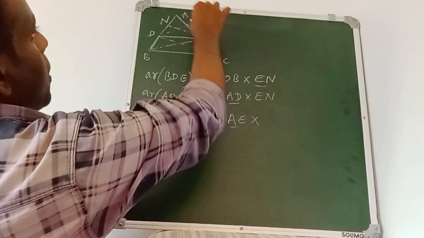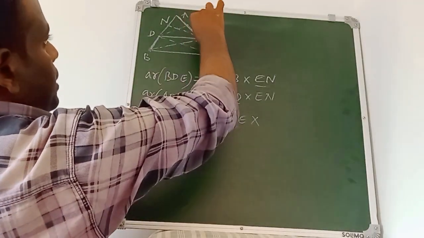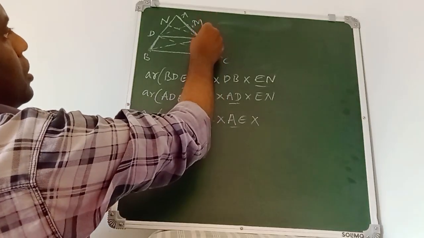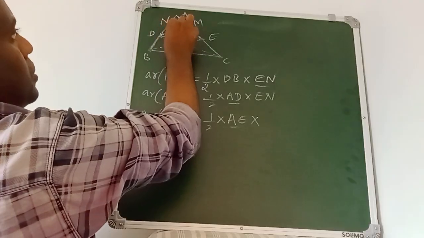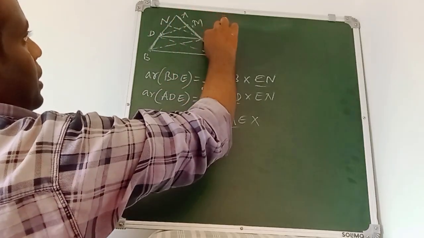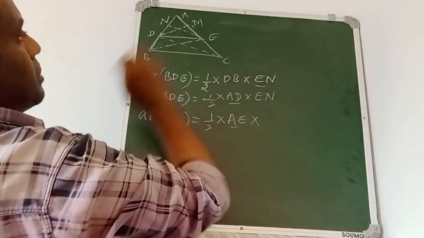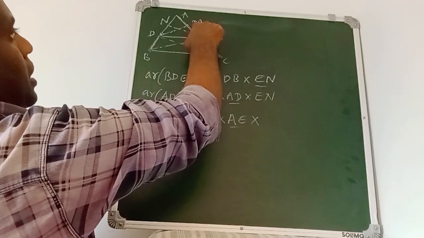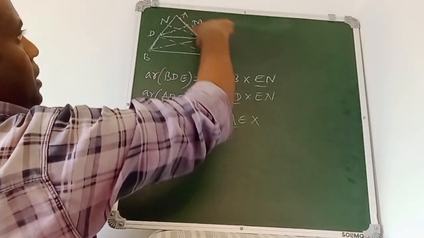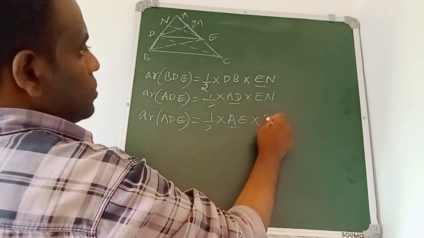When I take AE as the base, then the perpendicular line drawn from point D to this AE will become the height. DM will become the height. So DM is the perpendicular line drawn to the side AE. So this perpendicular line will become the height. So DM.